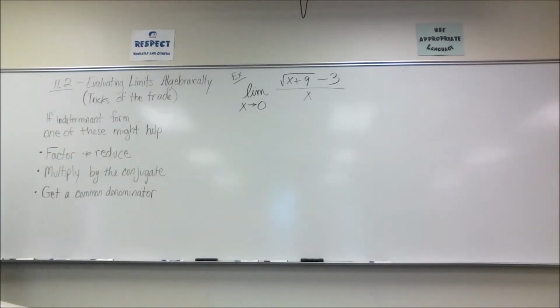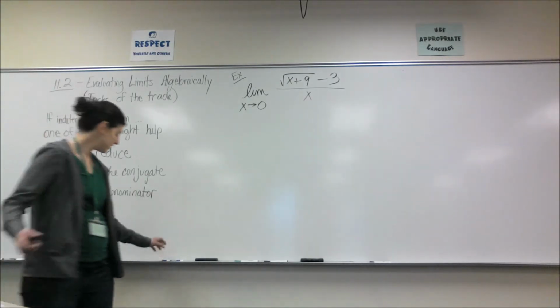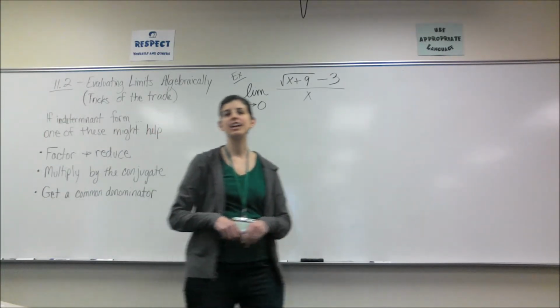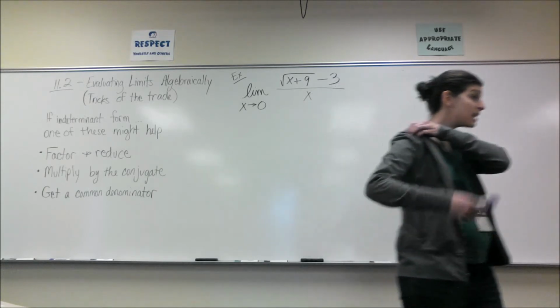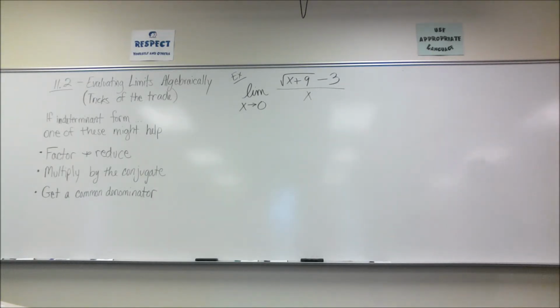So perhaps there's something that will allow me to free the x out of the square root. I can't just square it. You might be going, what's the conjugate? To multiply by the conjugate, you multiply top and bottom by the same thing, because you have to multiply by 1.